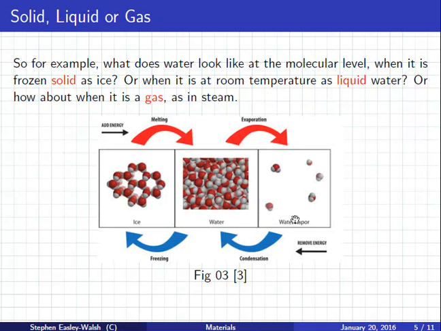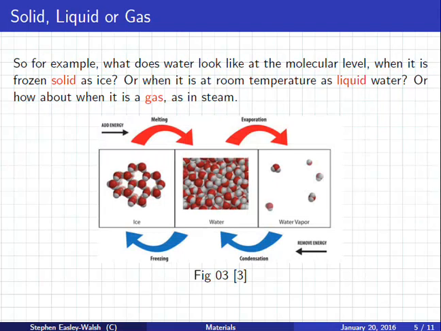Alright. So what does water look like at this molecular level when it is frozen solid as ice? Or what does it look like when it's a liquid? Or even when it's a gas? They'll look different when it's a solid, liquid or gas. What you have here in the picture is water when it's ice.